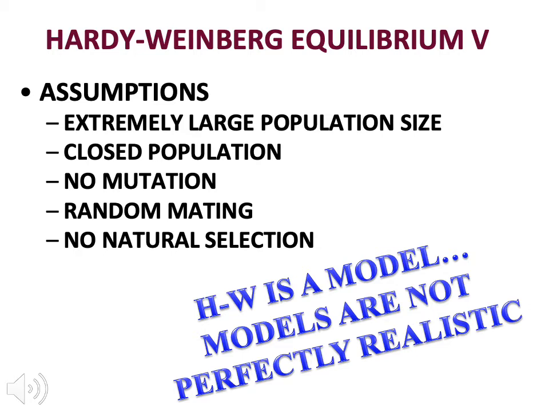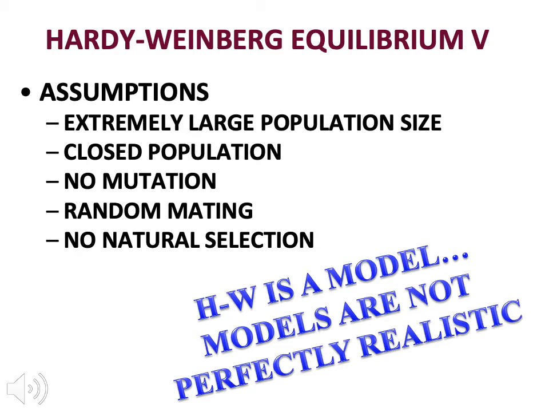So Hardy-Weinberg is a model, and we are going to realize that models are not perfectly realistic. In terms of the Hardy-Weinberg equilibrium, there's a number of assumptions we're going to need to make. Any violations of these assumptions really makes Hardy-Weinberg impossible. So here are the assumptions. They're not terribly unreasonable, but the fact of the matter is they're not necessarily realistic.